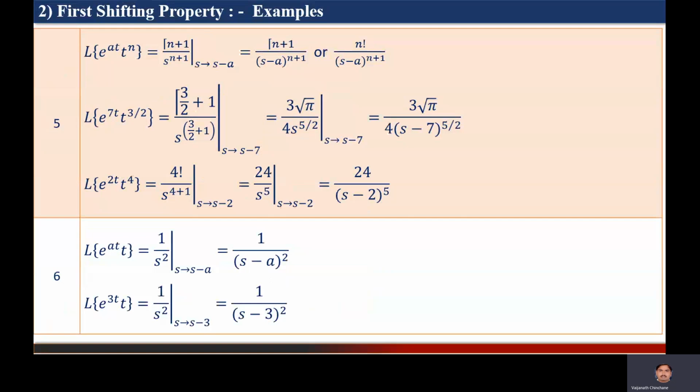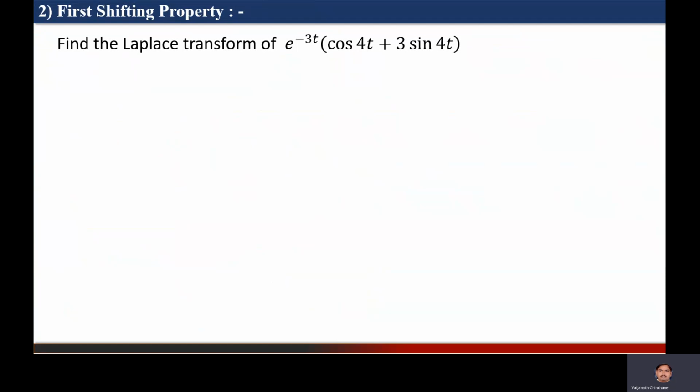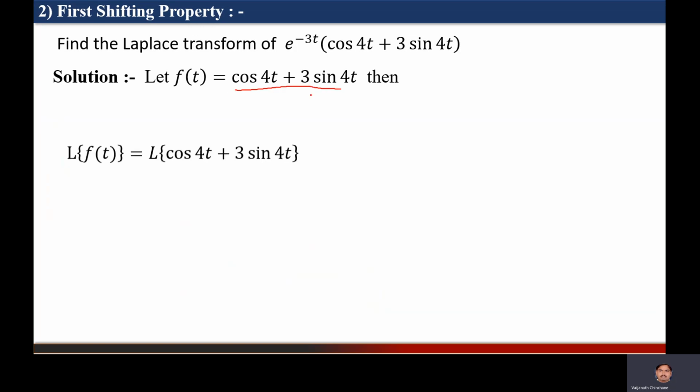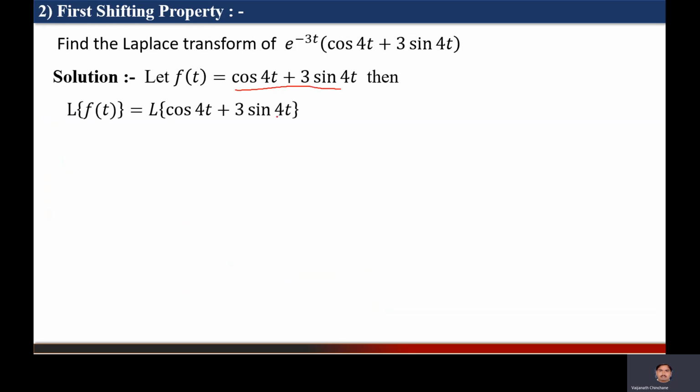Okay student, now there are two examples. Find the Laplace transform of e raised to 3t, cos 4t plus 3 sin 4t. So first of all, let f of t be equal to cos 4t plus 3 sin 4t. Then take the Laplace of this.